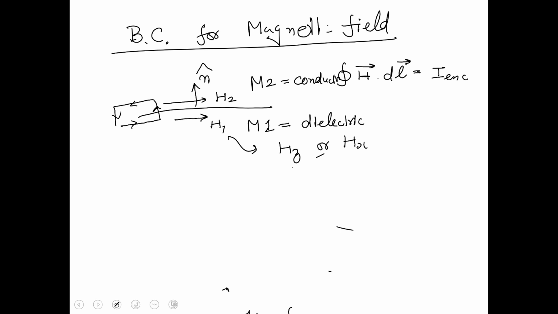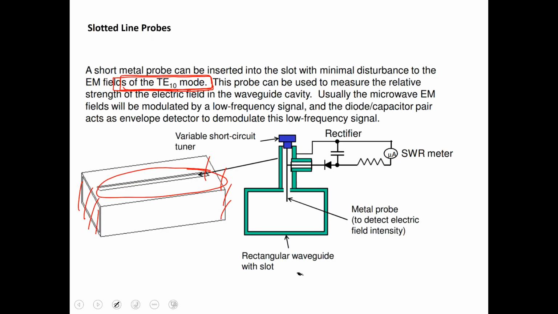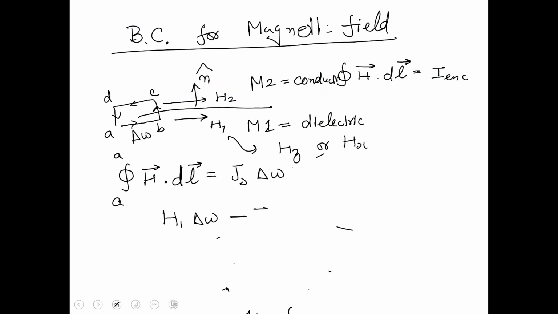If I go through this path, let's say A, B, C, D, A, going from A to A over that circular path, H dot dl is equal to the current which is going to be enclosed, and the current is going to be some Js times the width of this path, the width being delta W. And H dot dl is going to be H1 delta W in the first medium minus H2 delta W, and this should be Js delta W.